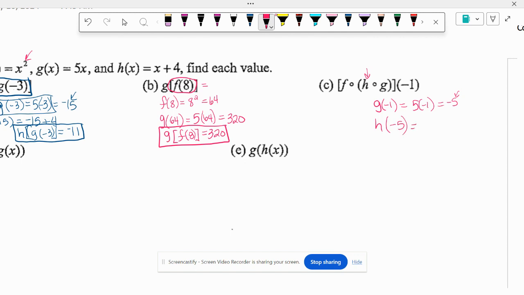My h function is x plus 4, so -5 plus 4 equals -1. Now I'm going to evaluate the f function, letting x equal -1. The f function is x squared, so -1 squared is 1. So f of h of g at -1 equals 1.